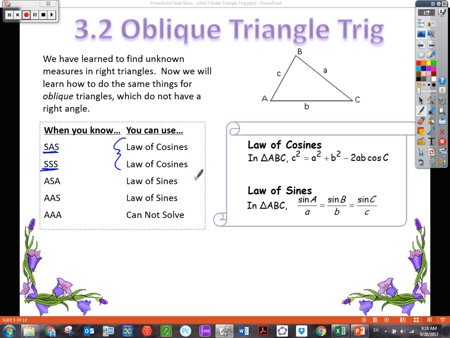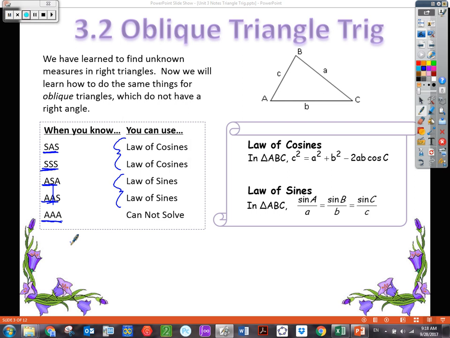Now, if the reverse is true, if you have more angles, like angle side angle or angle angle side, you would want to use the law of sines. If all you have is angles, we can't solve that triangle. It's impossible. We have to have at least one side.